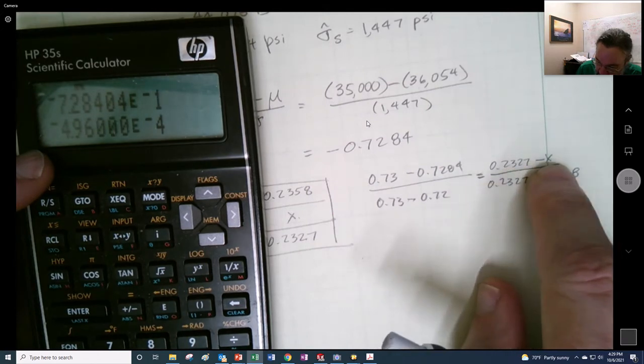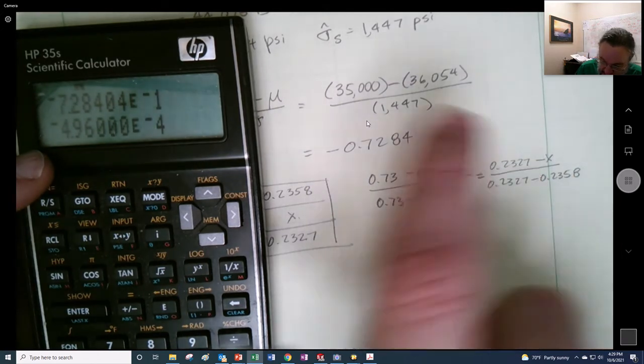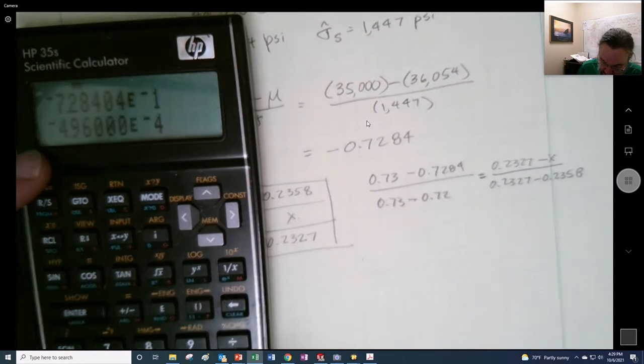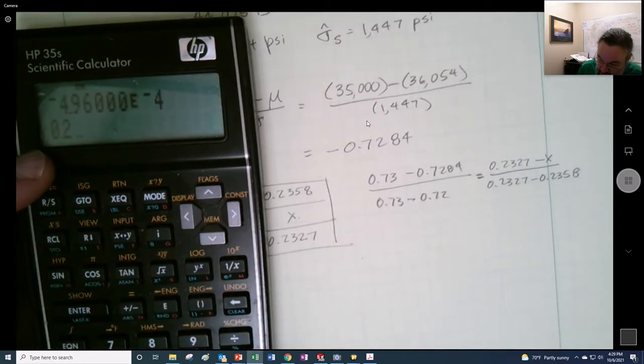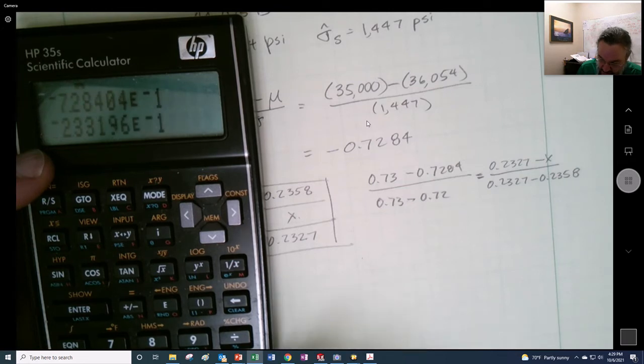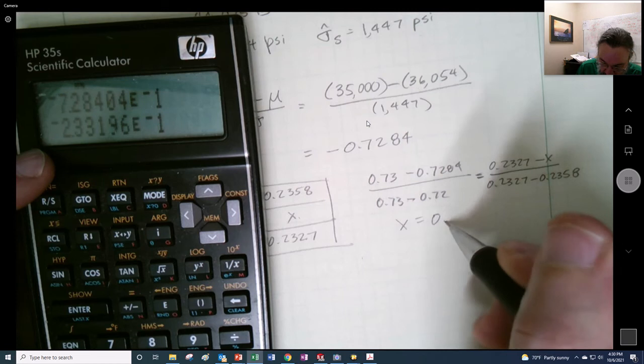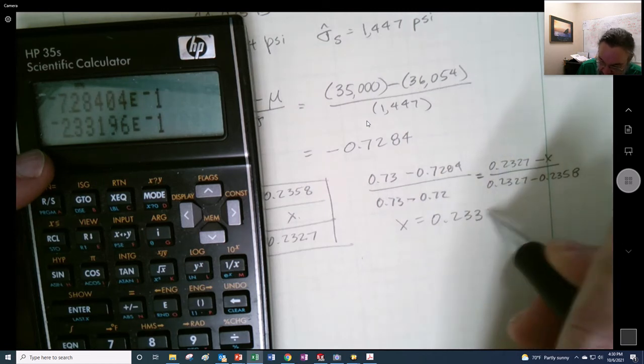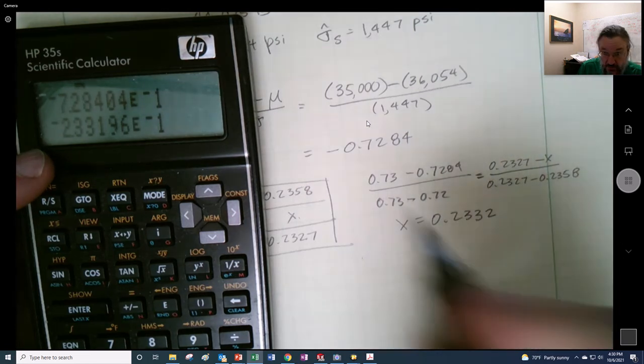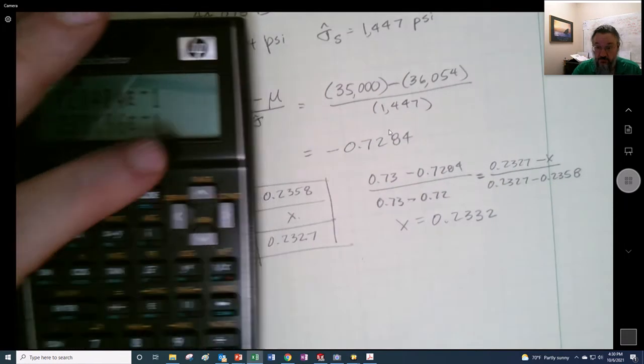And now we're going to take that and subtract that, right? So we're going to 0.2327 minus, right? But then it's going to be a minus number. So I find that I get 0.2332, right? 196.